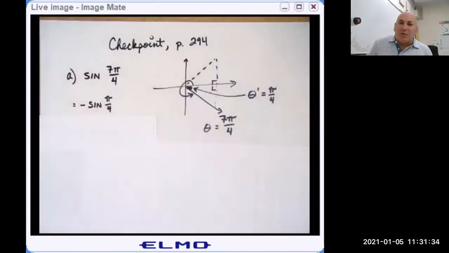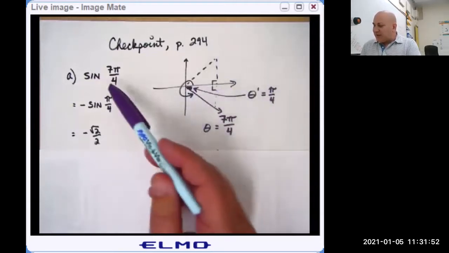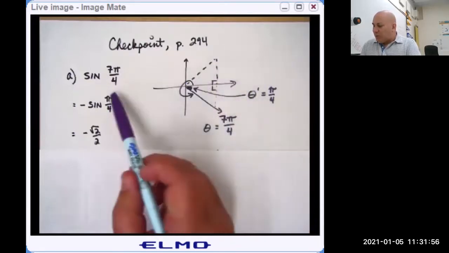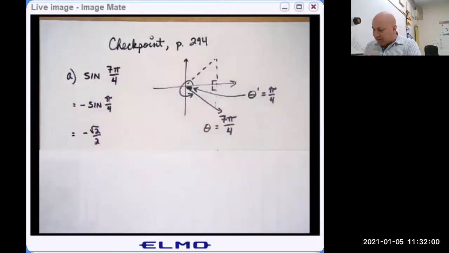That's the deal with reference angles. All the trig functions, at least the absolute values, the magnitudes, stay the same. The only thing that'll change is a plus or a minus sign. So because we know that the sine of pi over 4 is positive root 2 over 2, we know that the sine of 7 pi over 4 is negative root 2 over 2.